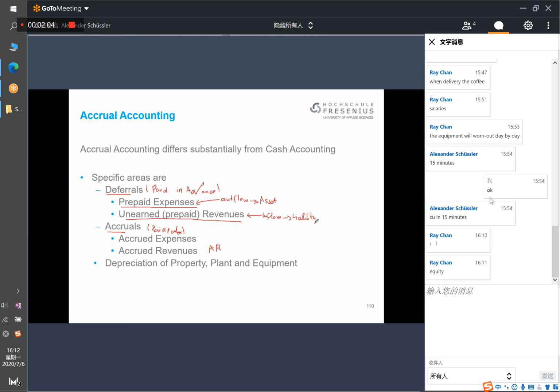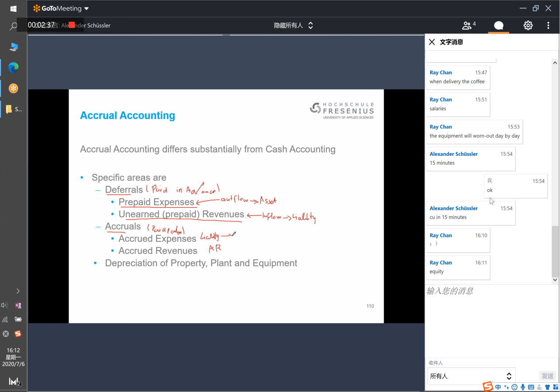Accruals, it's the other way around. It's paid later. Yeah, paid later. And accrued expenses are a liability. So accrued salary, for example.